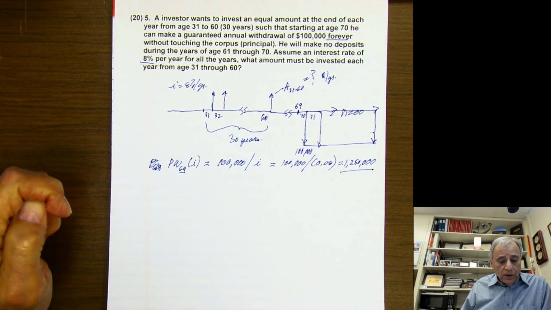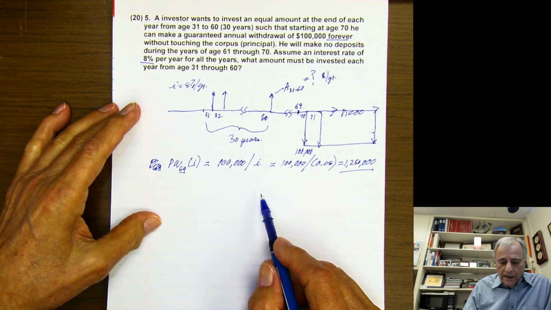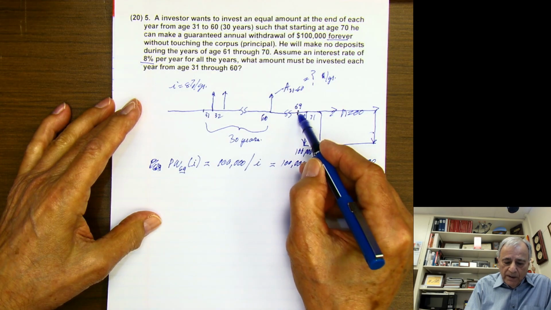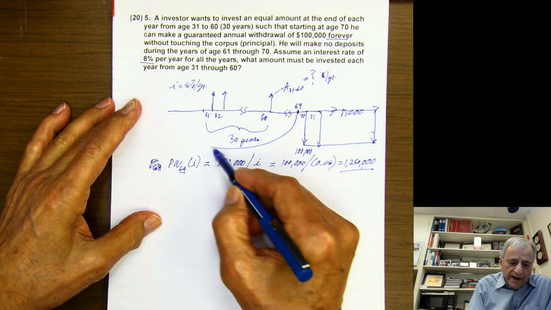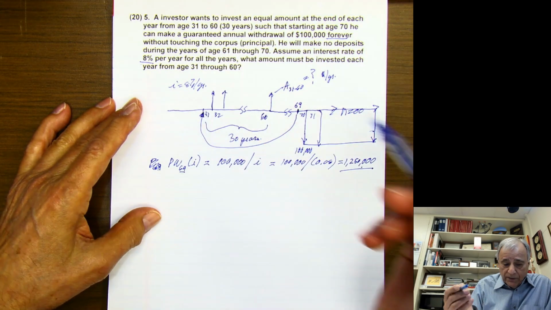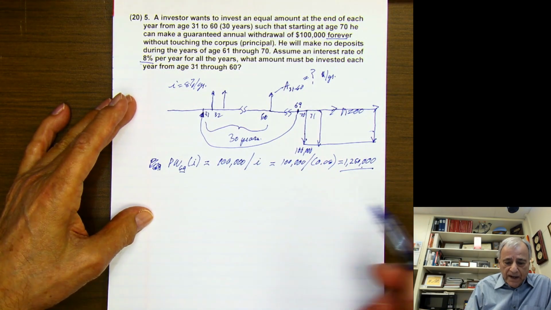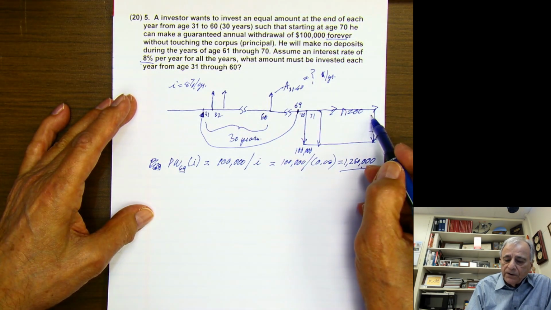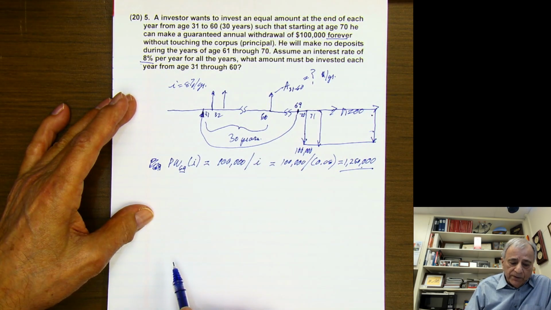Okay, so now we're going to work backwards. If we know how much we have to have here, we can move this all the way back to time 30 by calling it P given F. This is a P, or present worth, relative to this series, but it's a future value relative to time 30.